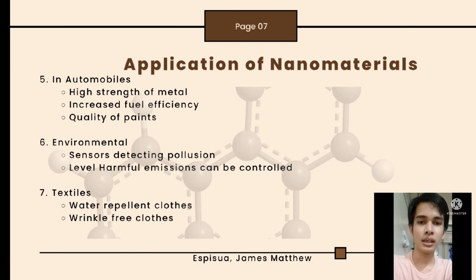And in textiles, nanomaterials are applied to water-repellent clothes, which are made by using silica nanoparticles, including wrinkle-free clothes made by using titanium dioxide nanoparticles and carboxylic acid.